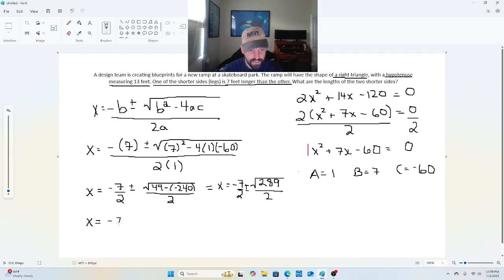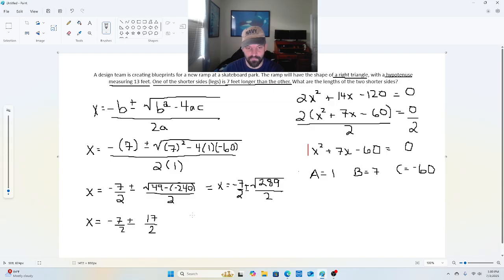So negative 7 halves plus or minus, and then the square root of 289 is going to be 17, and that's going to be over 2. So now you have our two solutions.